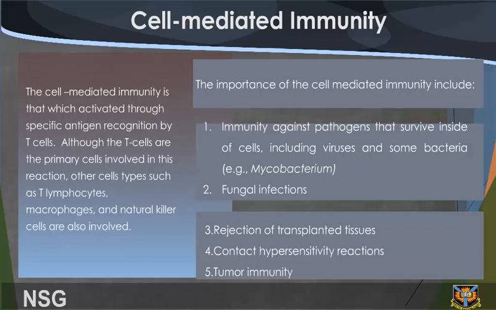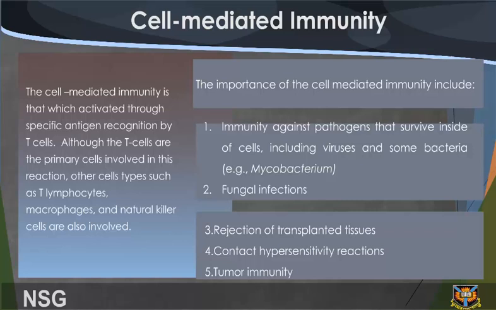The importance of the cell-mediated immunity includes 1. Immunity against pathogens that survive inside of cells, including viruses and some bacteria, e.g. Mycobacterium. 2. Fungal infections. 3. Rejection of transplanted tissues. 4. Contact hypersensitivity reactions.